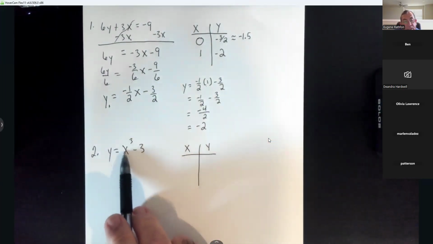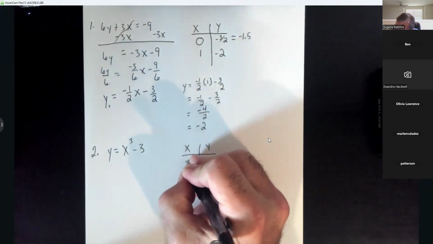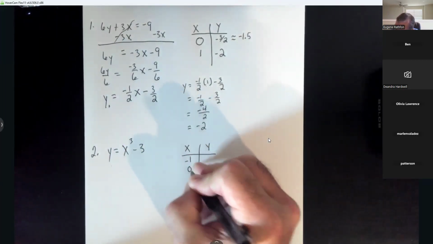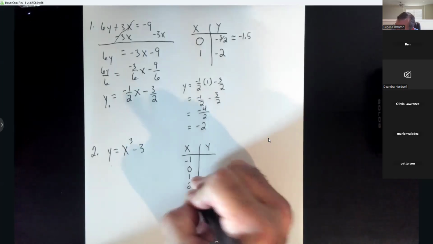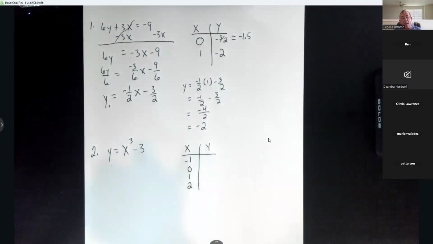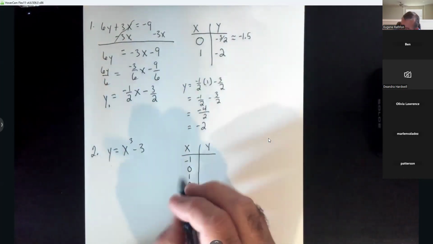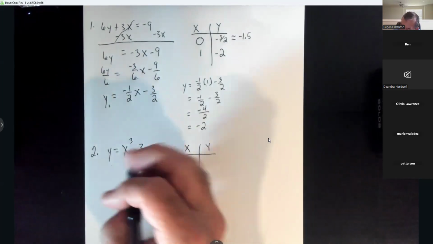Now, since this is a cube, the numbers I'm going to pick are going to be -1, 0, 1, and 2. So if you use these numbers, you can keep your graph really small and where it'll fit on that MathLab screen, okay? So you're just going to push all four of these numbers in.